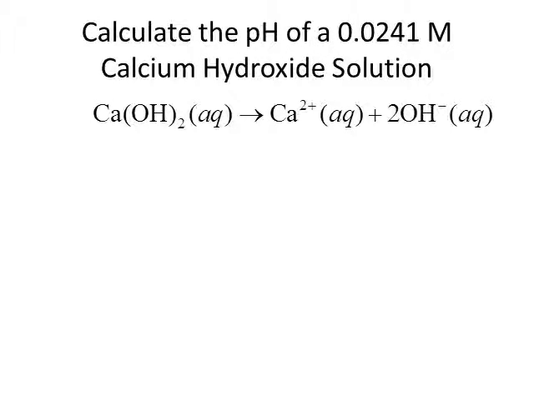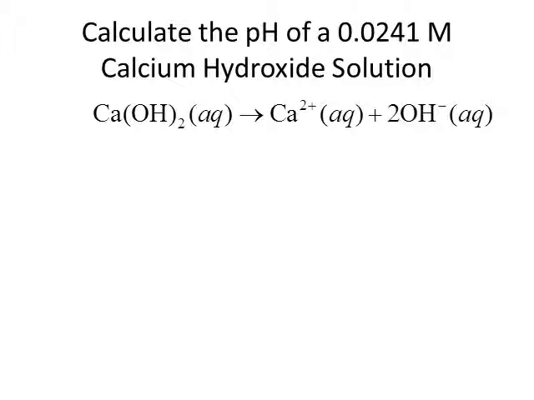So now, let's look at how we would calculate the pH of calcium hydroxide. Calcium hydroxide is the formula Ca(OH)2. There are 2 hydroxide ions per formula unit of calcium hydroxide. So therefore, when dissolved in water, it dissociates to form Ca2 plus and 2 OH minus ions.